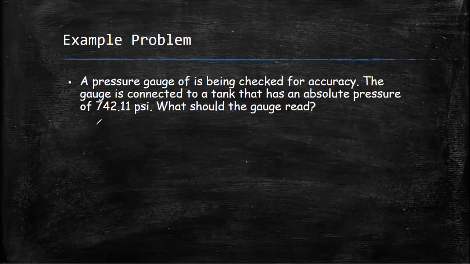We know that the absolute pressure is equal to the atmospheric pressure plus the gauge pressure. Based on the problem, our absolute pressure is 742.11 psi, and we're looking for the gauge pressure.